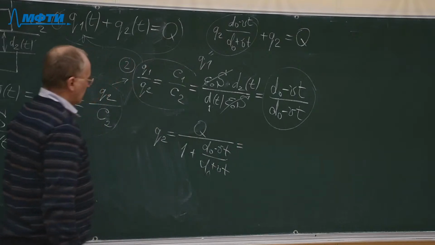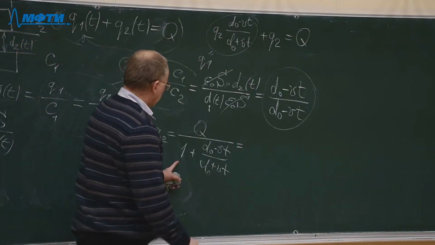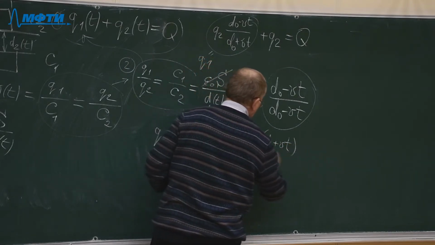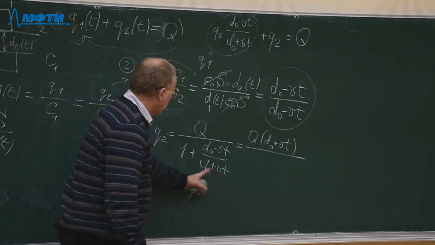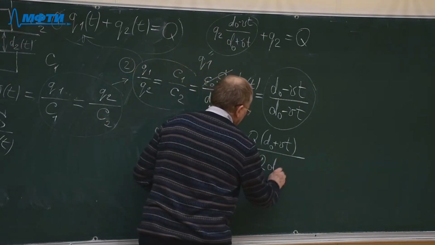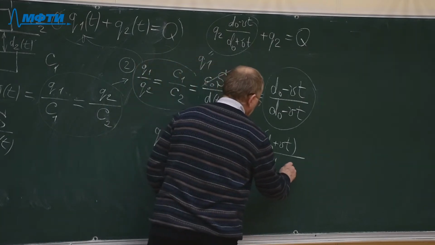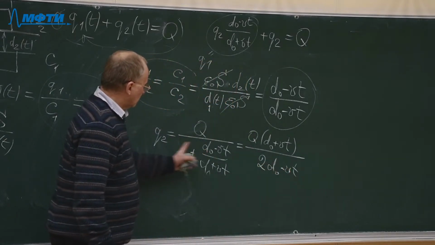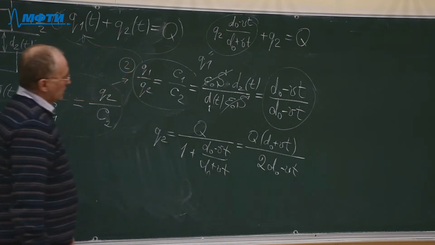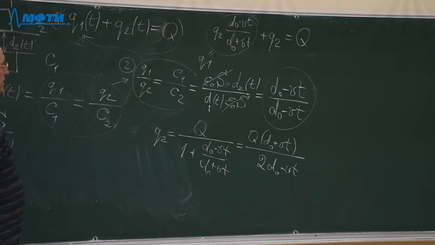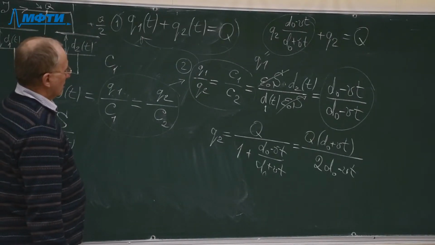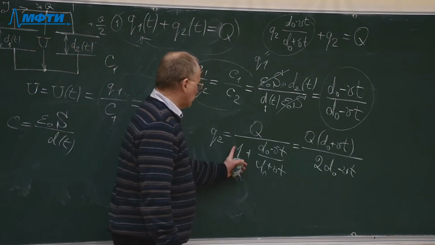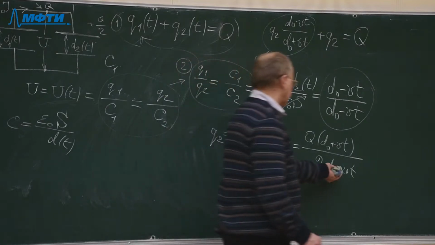And after obvious simplifications, I will have Q times d0 plus vt divided by 2 d0, because 1 plus this expression gives us 2 d0 in the numerator and d0 plus vt in the denominator. The vt will cancel, certainly.